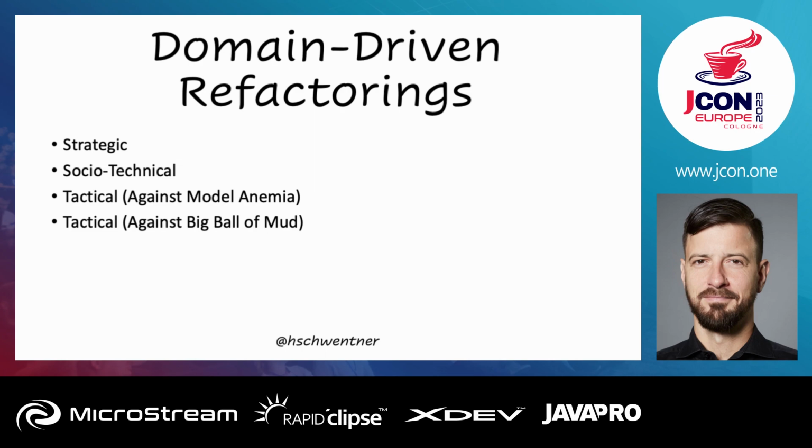Those against the anemic domain model, those against model anemia, and tactical refactorings which support the strategic refactorings. Strategic things, they are always big, and we want to move on in small steps. So a strategic refactoring is made from several smaller tactical refactorings. So there's a connection here from the tactical against the big ball of mud and the strategic refactorings.